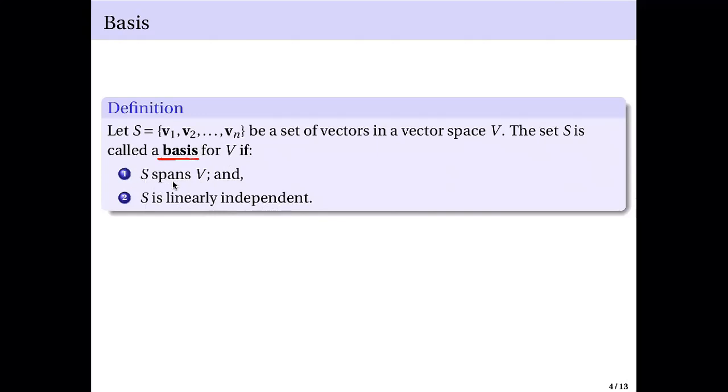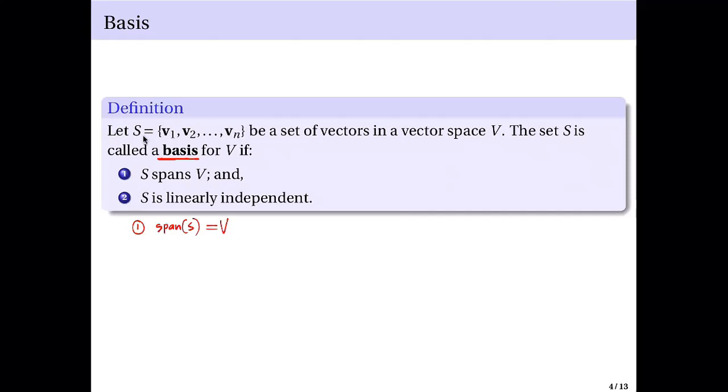In the span, we have talked about this. So this means condition 1: the span of S must be equal to the vector space V. We talked about span in the second lecture, 4.2, as a subspace of a vector space V. But span can generate all of the vectors, possibly.